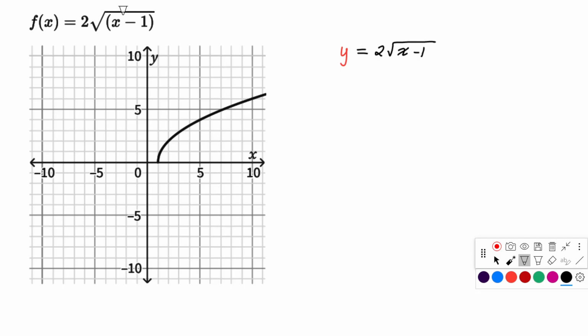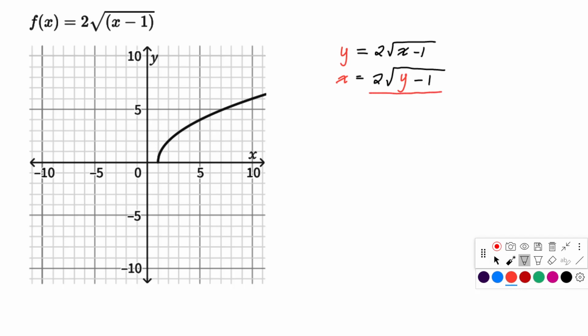Those parentheses initially were just to remind us that the entire difference of x minus 1 is underneath that square root. Next, switch the x and the y around, but keep everything else where it's at. So x equals 2 times the square root of y minus 1.